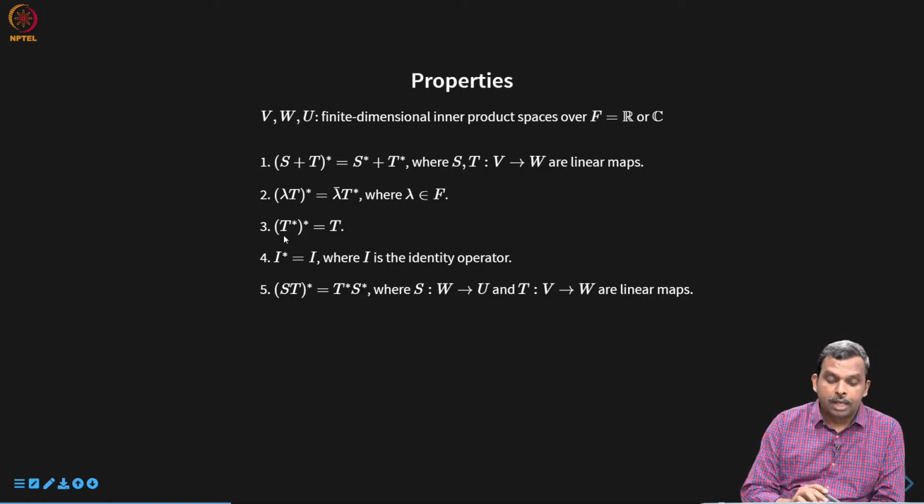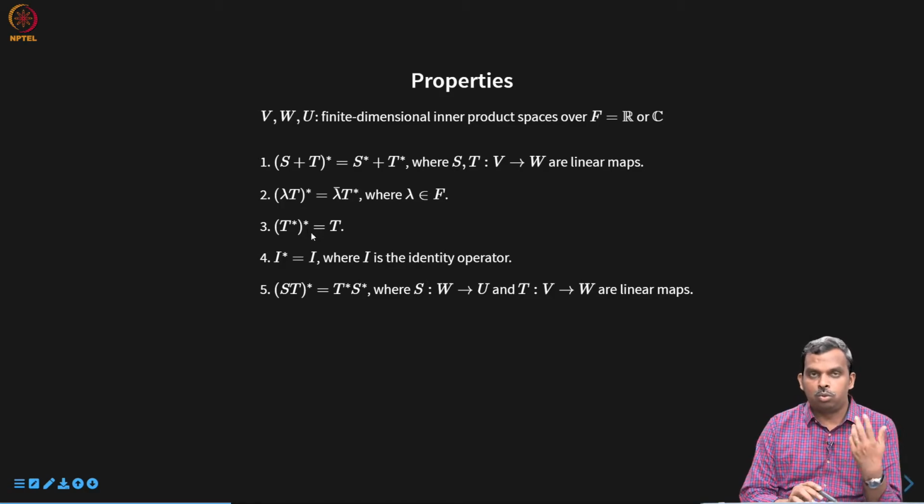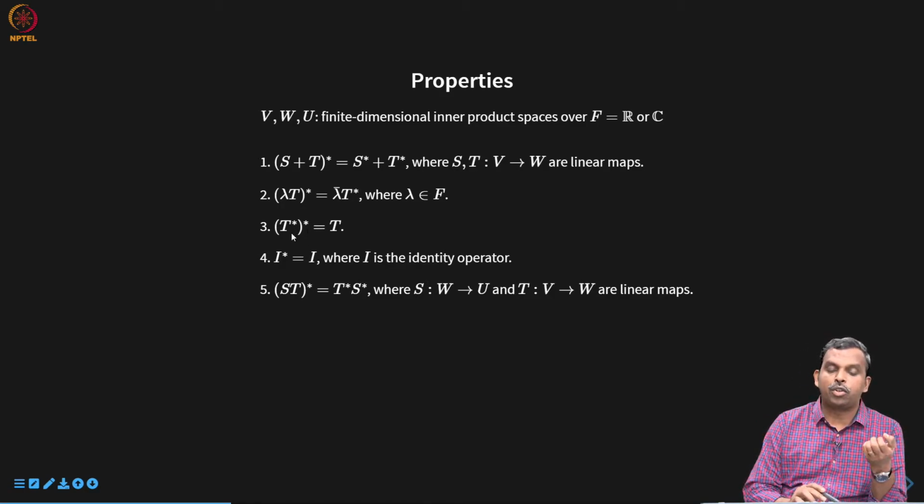If you take the adjoint of T and ask what is its adjoint, well, the adjoint of T is after all a linear map from W to V, and of course you can ask for the adjoint of that map.